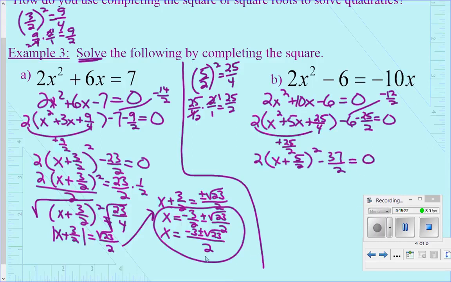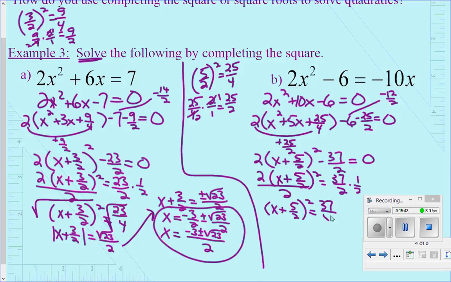So again, if this was putting into vertex form, I'd be done, but it's solving. So I'm going to add the 37 halves. I'm going to divide by 2, which is the same thing as multiplying by 1/2. So 37 halves times 1/2 is 37 fourths.